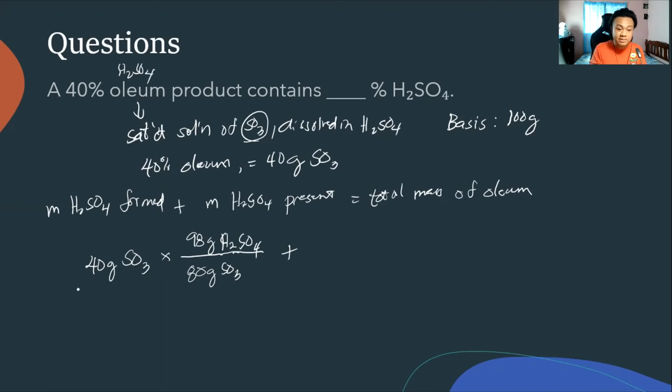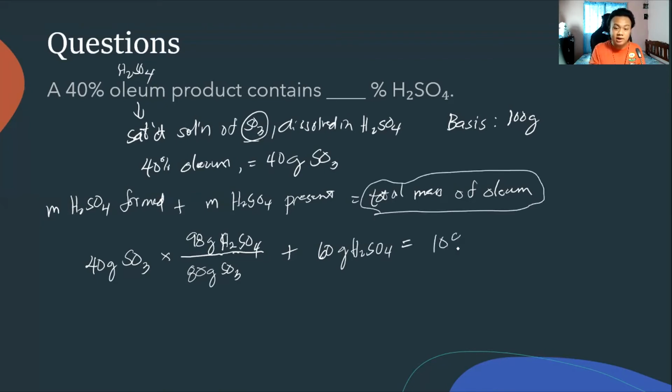We have 40 grams of SO3, and then the total is 100. So clearly we have 60. So minus lang, 100 minus 40 grams the H₂SO₄. Then you add that, you will get the total mass of your oleum or the percent H₂SO₄. You will get 109 or 100 grams H₂SO₄.